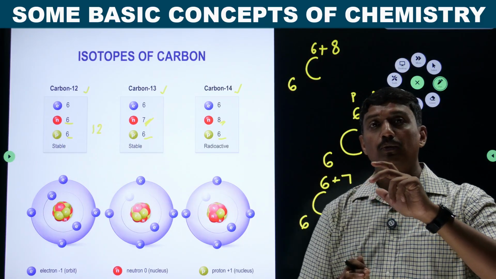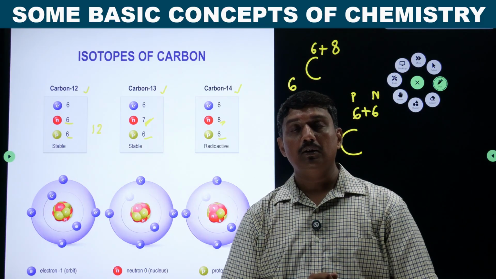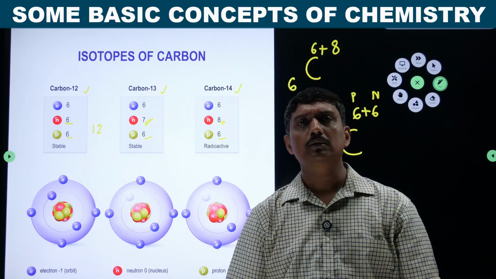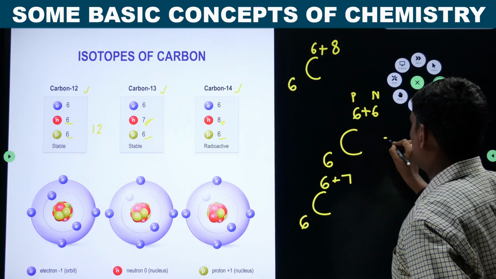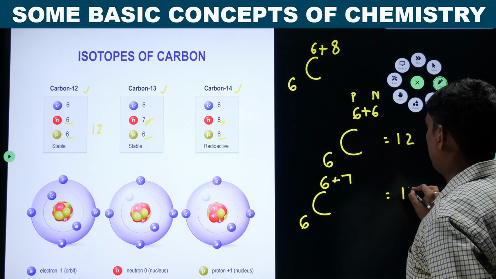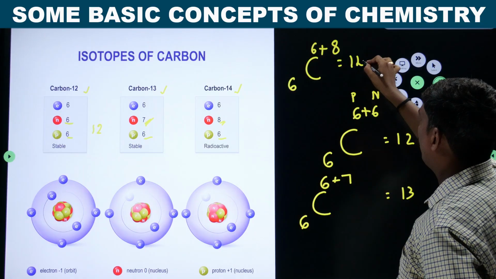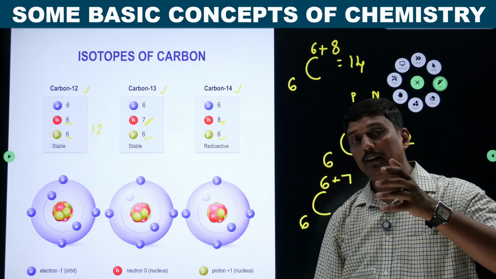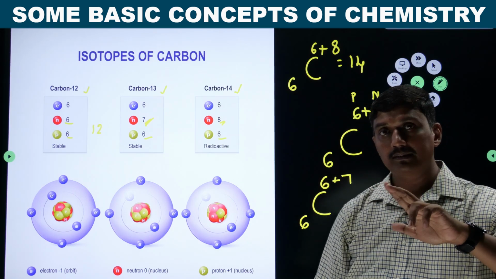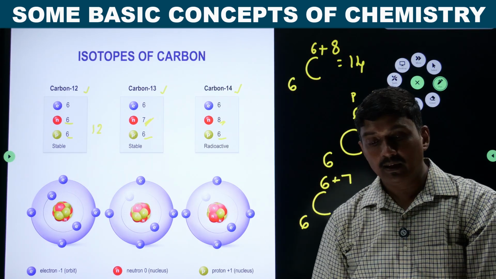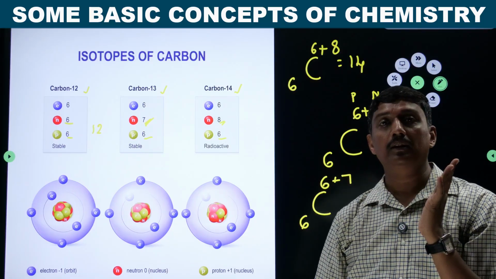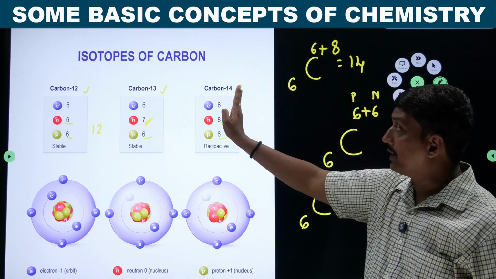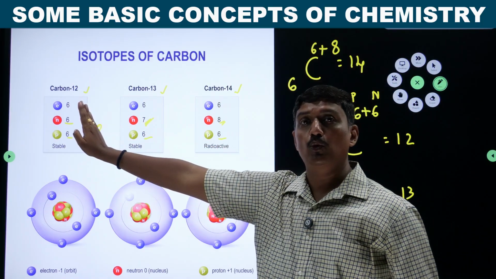As a result of the increase in neutron number, what happens to the total number of protons and neutrons? It also increases. Here you get 12, here it is 13, here it is 14. So when the number of protons and neutrons increases, its mass number increases. So these species are related as isotopes.